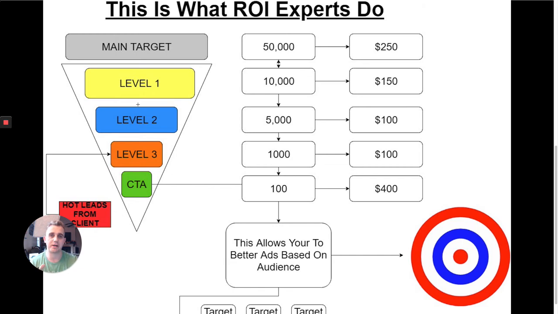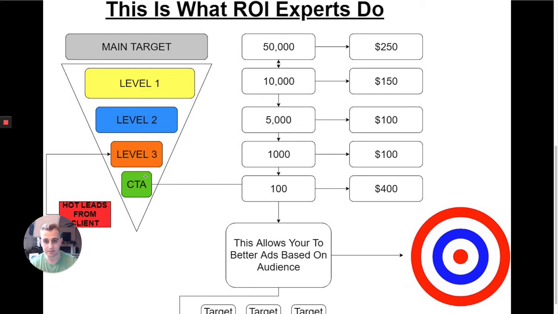We're actually funneling people down, building trust, so you decrease your ad spend and you get better leads, better acquisition.